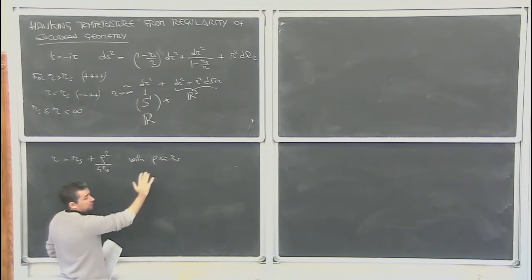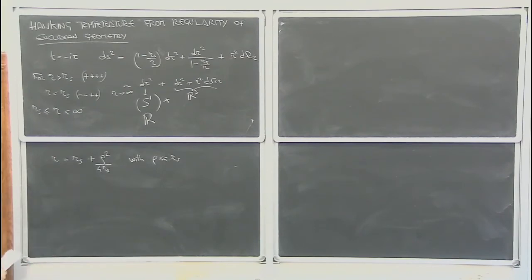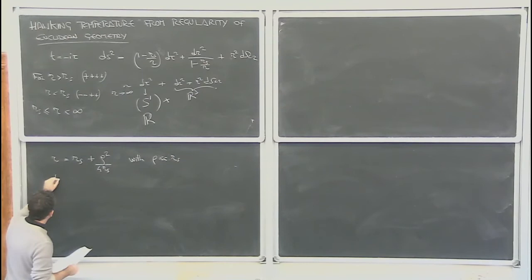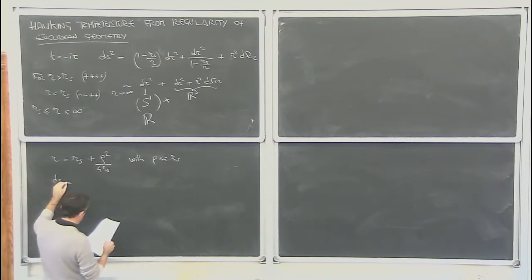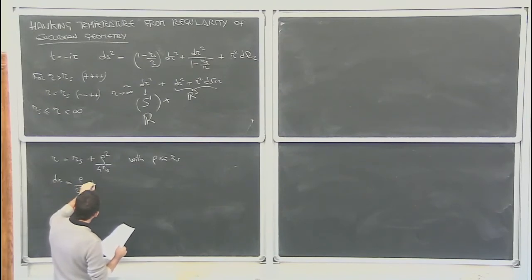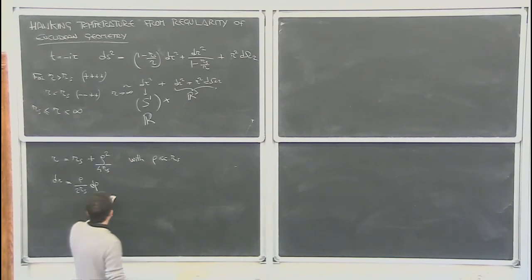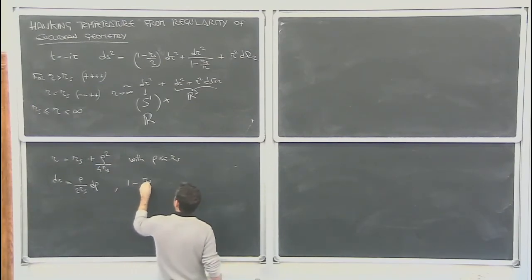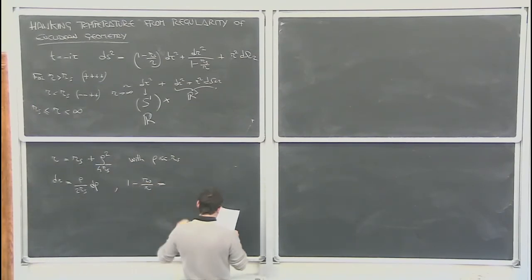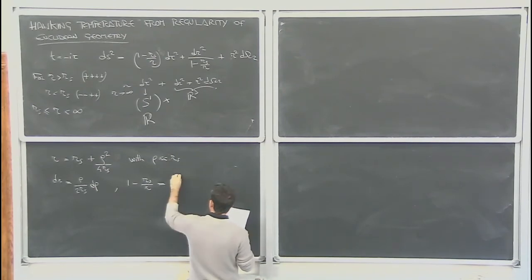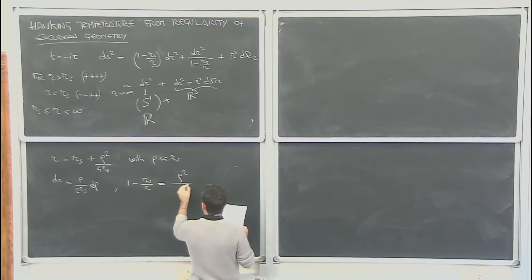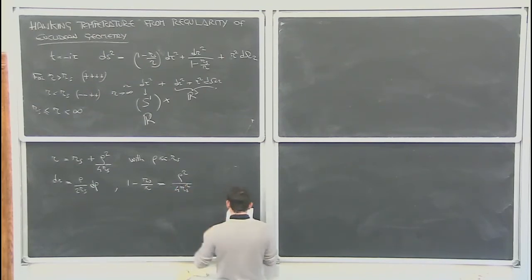I take it small, so that I'm around Rs. So you see from here that dr is just rho d rho over 2Rs, and the relevant function 1 minus Rs over R is rho squared over 4Rs squared.